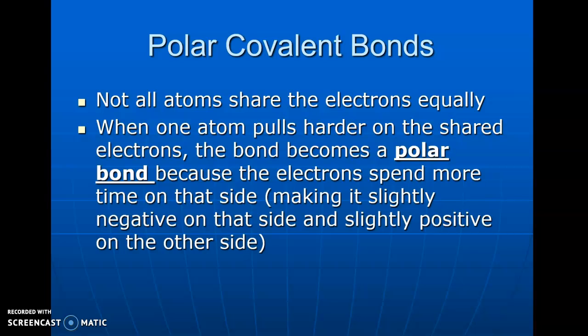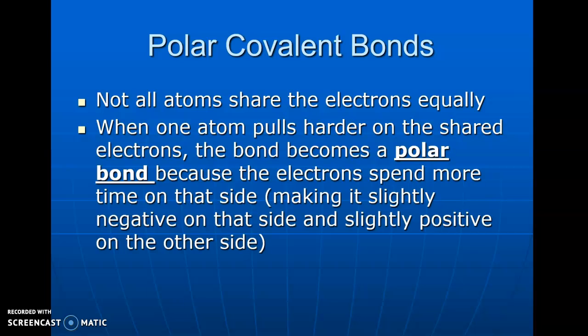They're pulled more closely to the atom that is stronger. And by spending more time there, it gives that side of the molecule a slight negative charge and leaves the other side of the molecule as if it is almost missing its electrons. And so it gives that side of the molecule a slight positive charge.